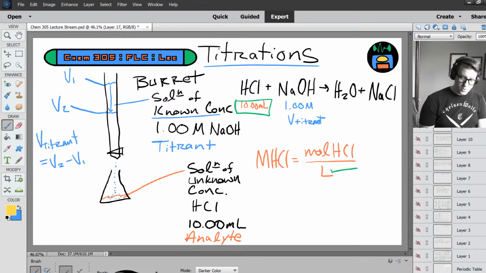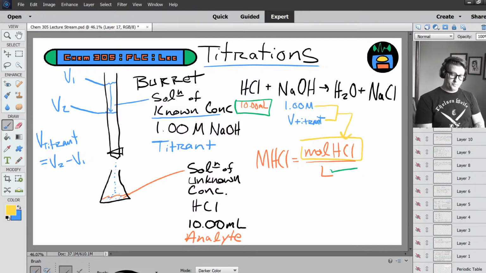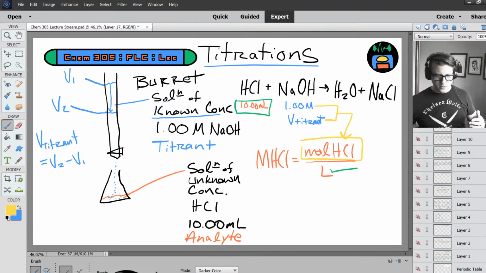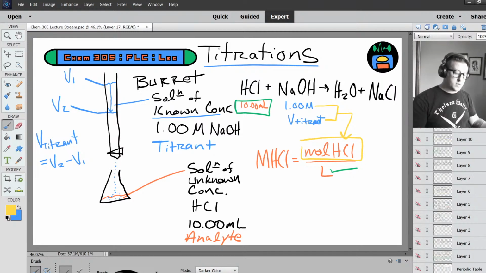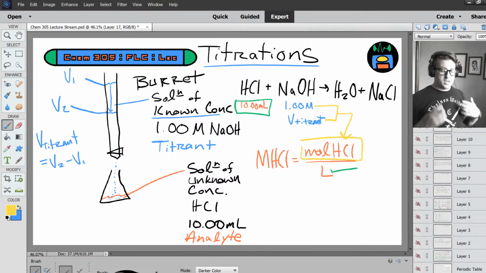To get the numerator, we can use the concentration and volume of sodium hydroxide and then the balanced chemical equation to calculate the moles of HCl. All right, so this is kind of the visual, conceptual idea of what this experiment involves. But let's actually get down and do the example problem.